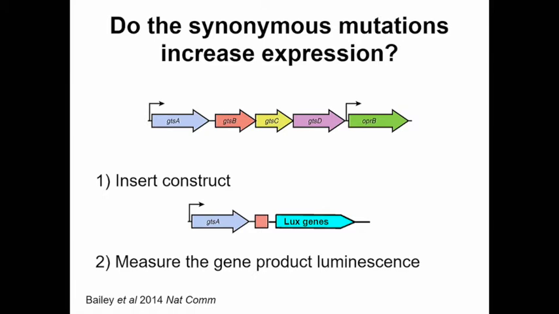And so this is the construct here. So this is the operon as it stands normally, and now we have inserted in the middle, basically, of that gtsB gene of interest, this set of reporter genes.